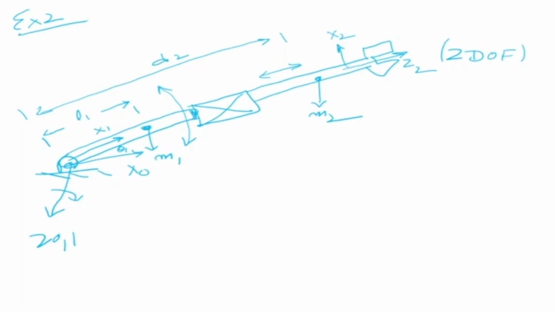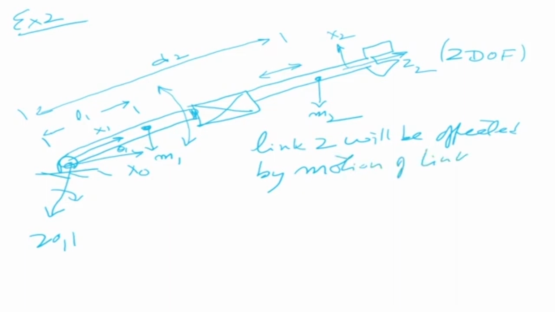This is what I was trying to talk about: there is coupled motion and the motion of the joints is not independent. This is an example where link 2 will be affected by the motion of link 1. For example, if link 2 is not moving but link 1 is moving, even then it will be subjected to forces, because the velocities are moving in the forward direction.